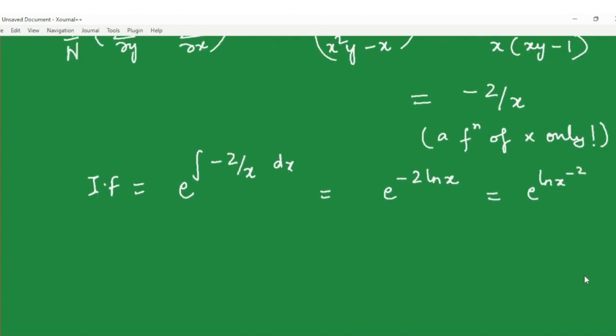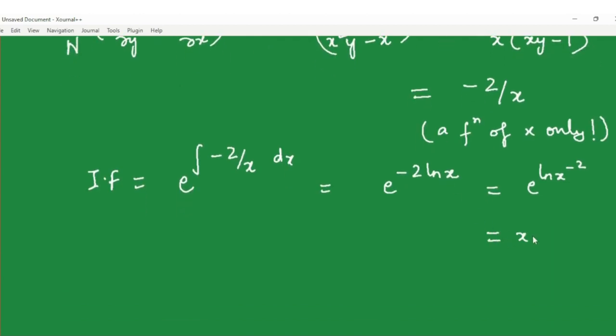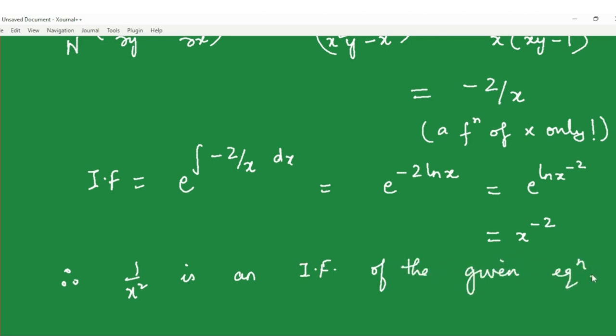Since e and log are inverses of each other, we can just write it as x to power minus 2. Therefore 1 by x square is an integrating factor of the given non-exact differential equation. Now what is an integrating factor? An integrating factor is an expression with which you multiply a non-exact differential equation, and that makes the non-exact differential equation exact.